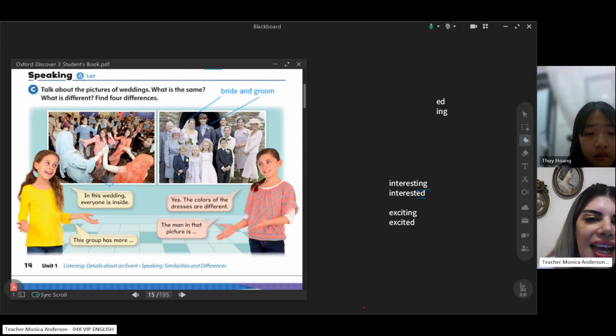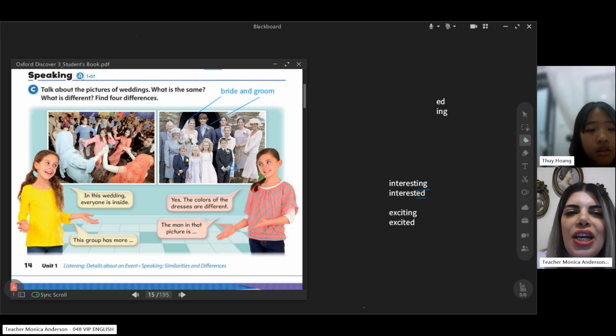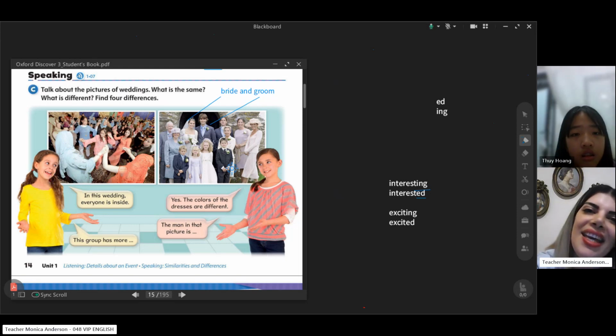Okay, well, let's say another similarity. In both pictures, people are happy. Yeah, they're smiling. Can you see this picture and this picture?